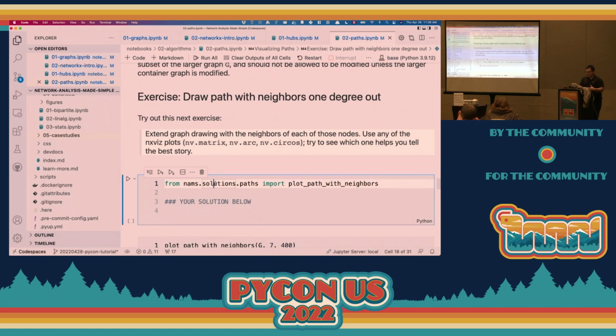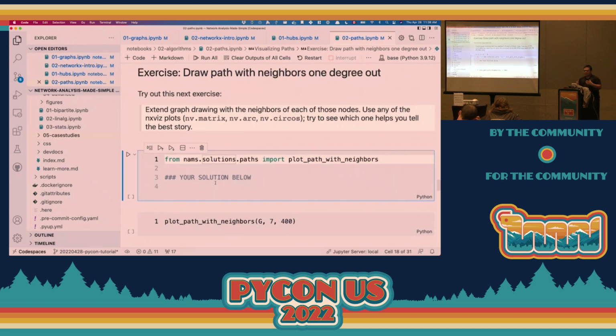So here's an exercise for us to attempt: to visualize the path that we have, but also all of the nodes that are 1 degree of separation out from every node on that path, right? So I'd like you to try to attempt to solve that problem. You have all of the API tools that are needed to solve this problem.